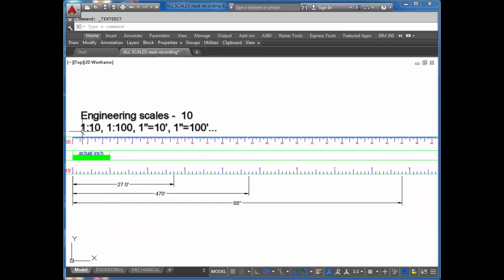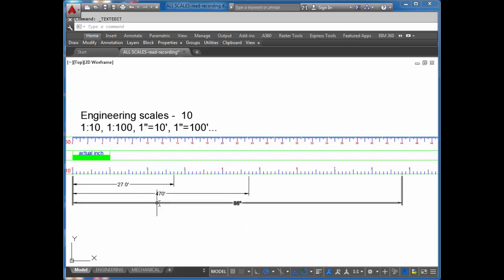So if we were using this scale as 1 to 10, or 1 inch is equal to 10 inches, then this would be 80 inches, this would be 85 inches, and then we'd have to add 3 more to make it 88 inches. So see how we've read this scale 1, 2, 3 different ways, all dependent on which scale here we've decided to use it as.